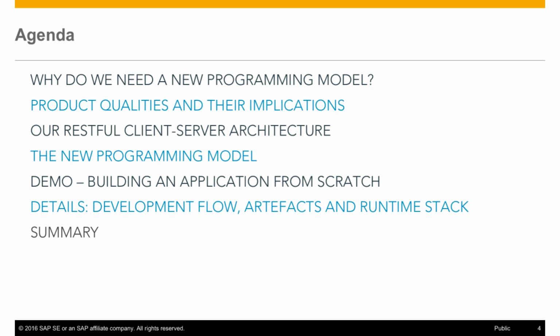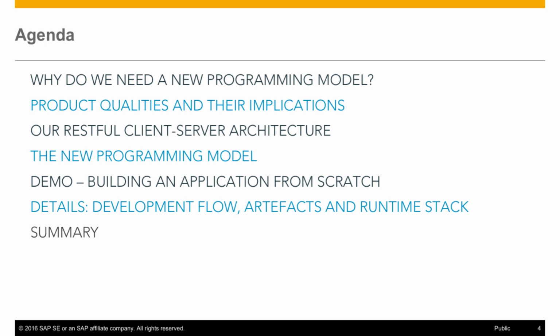So the agenda for today is, first of all, we discuss why do we need a new programming model at all, what are the reasons for that. Then we'll see that we want to achieve new product qualities with the applications we want to create with our new programming model, and we will see the implications of the new requirements towards a client-server architecture, which we will discuss in detail, and how the new programming model has to support this architecture.